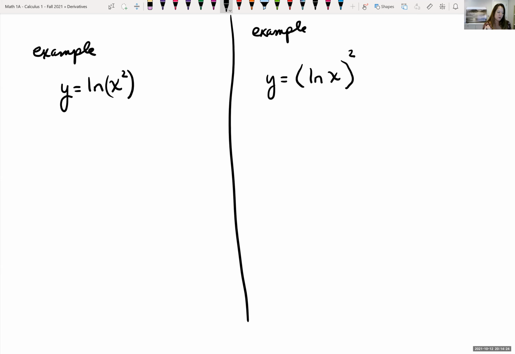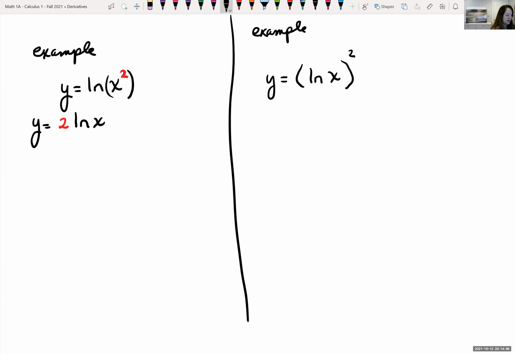We can use properties of logs for this first example. If the argument of that log is raised to some power, we just saw that we can bring that power down front. So this is the same thing as y is equal to 2 times the natural log of x.